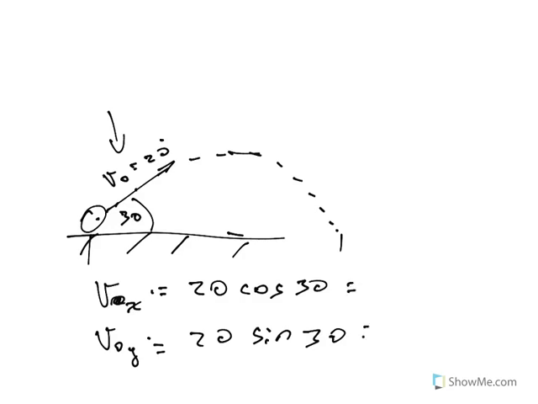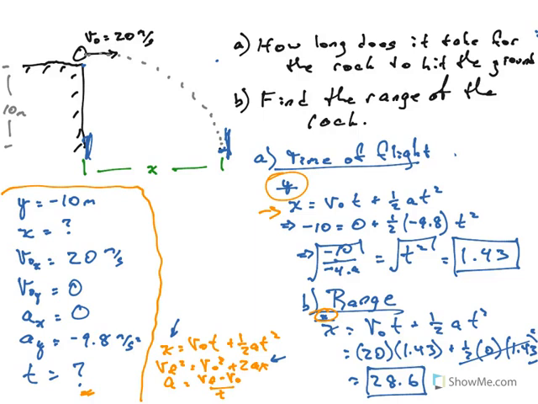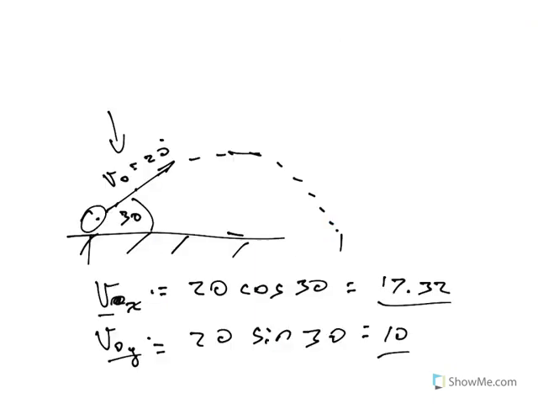Once I do that, then I know this is 10 and this is 17.32, I believe. Then I know v naught x is 17.32, v naught y is 10. No big deal. Just like here, v naught x is 20 and v naught y is 0. There they are. How I got them doesn't matter as long as I got them.